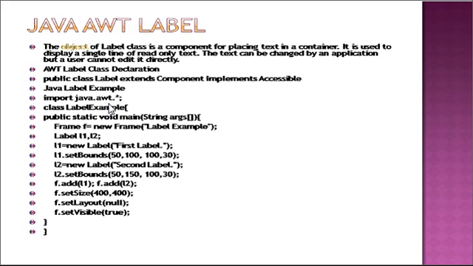Here we write some text, like "Label example", which is the value of the label displayed on our container. L1 and L2 are objects of the Label class that perform operations related to labels.